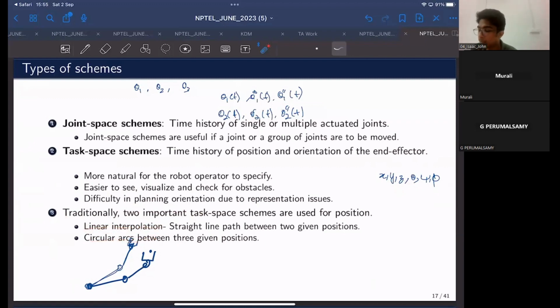So in our course, we'll mostly deal with linear interpolation, right? That is a straight line path between two given positions.